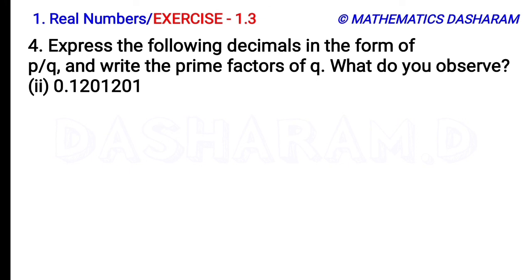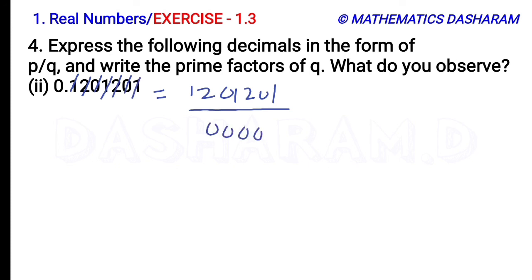0.12012001. So it is equal to, remove the decimal point and write all digits as it is, 1201201 divided by, here how many decimal places? 1 2 3 4 5 6 7. So total 7 zeros will come, 4 3 2 1 7.